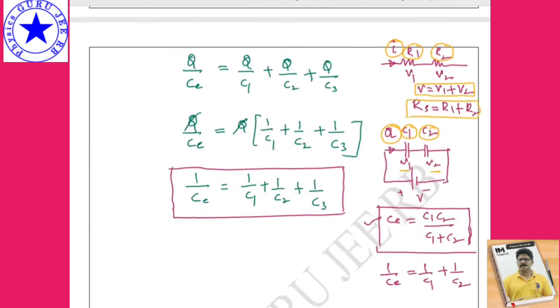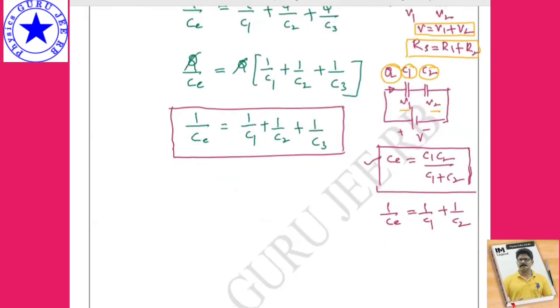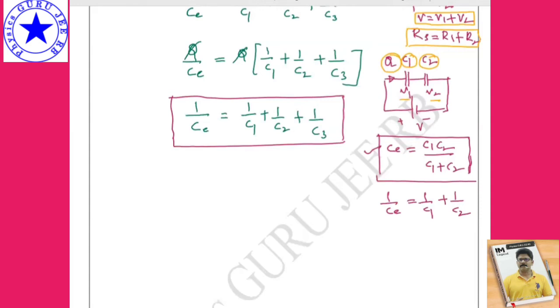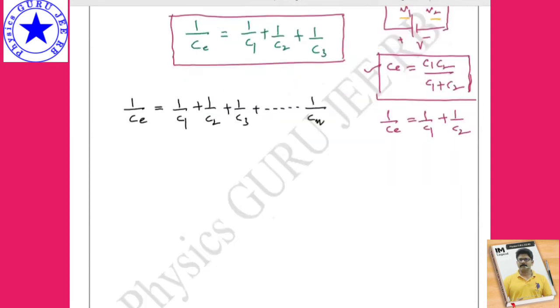Here capacitance is C1 C2 by C1 plus C2 for two capacitors, and for n number of capacitors, 1 by C effective equals 1 by C1 plus 1 by C2 plus 1 by C3 and so on up to 1 by Cn, right? For n number of capacitors.